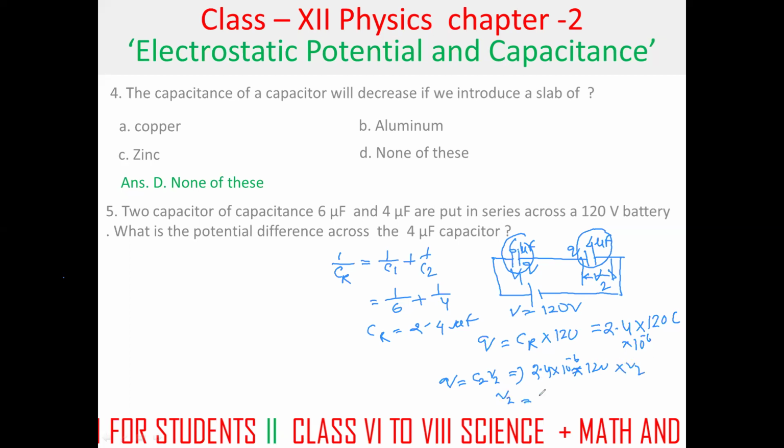So V2 would be Q divided by 4 microfarad, that is 2.4 into 10 to the power minus 6 into 120, divided by 4 into 10 to the power minus 6.